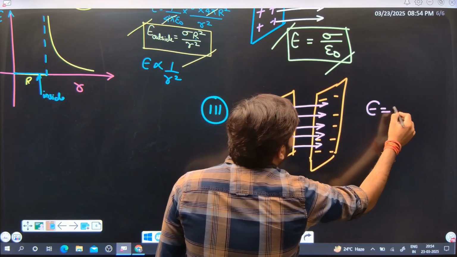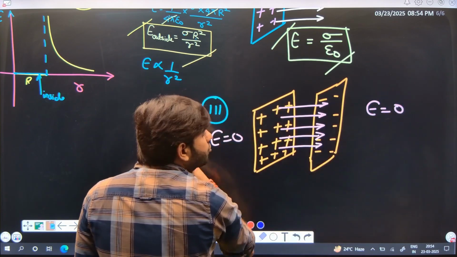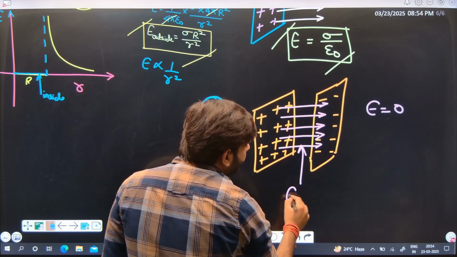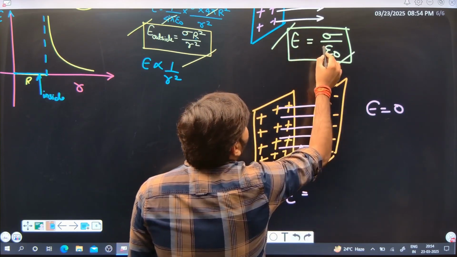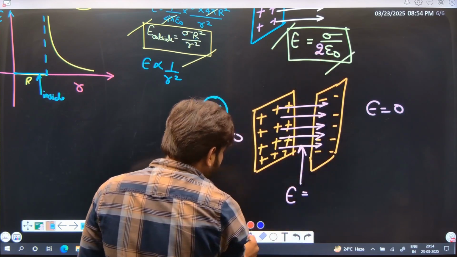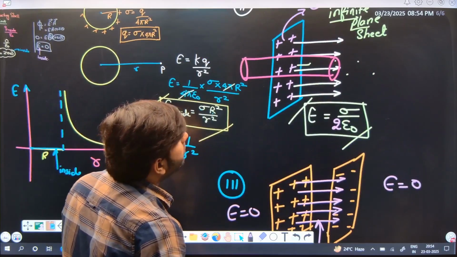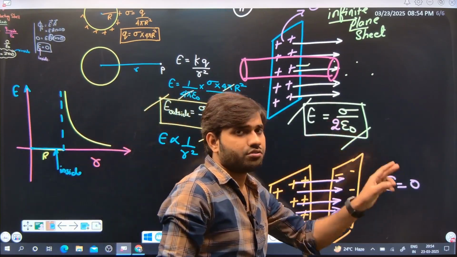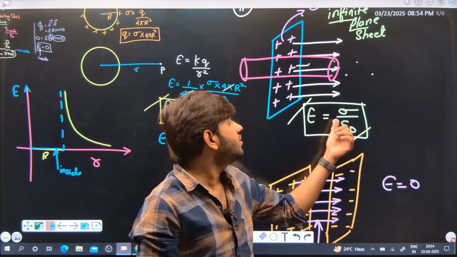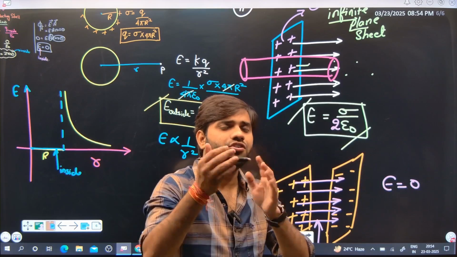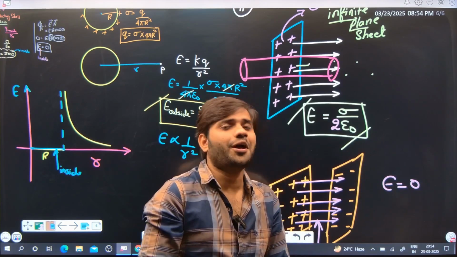Here the electric field becomes 0, and here also the electric field becomes 0, and in between the electric field becomes 2 times whatever I have given here. So it is sigma upon 2 epsilon naught, I was wrong, we have to write sigma upon 2 epsilon naught, not epsilon naught. Remember, I wrote sigma upon epsilon naught, that is a mistake of my pen or my thinking. I accept it.